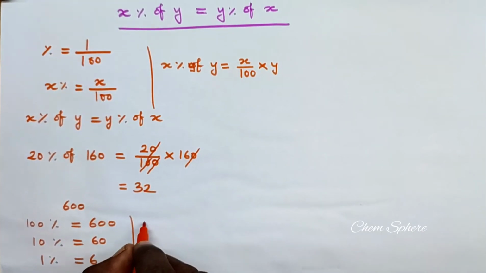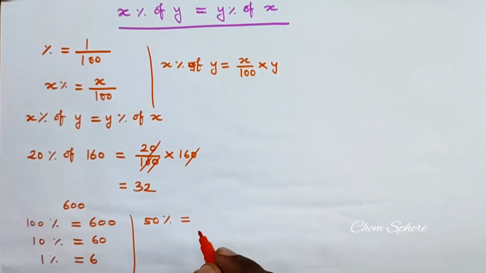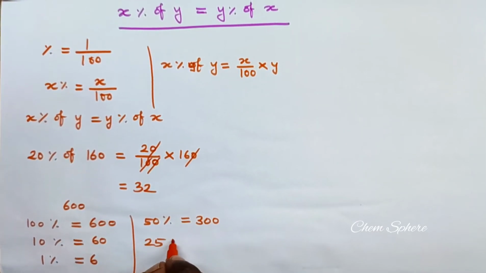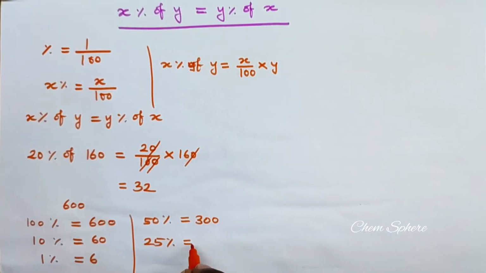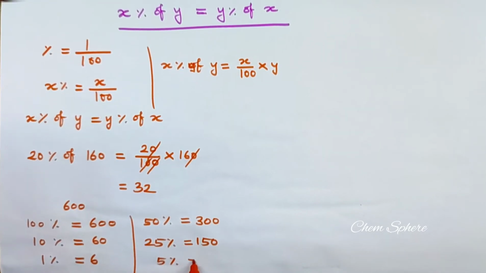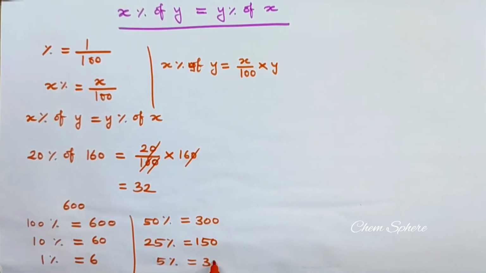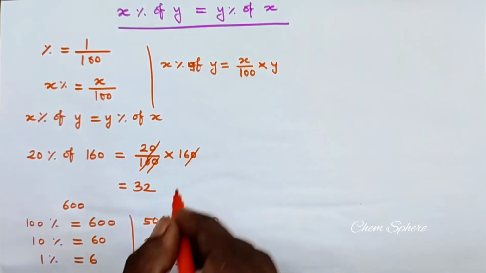What about 50 percentage of 600? That will be half of 100 percentage, that is 300. 25 percentage of 600 will be half of 50, that is 150. Now 5 percentage of 600 will be half of 10 percentage, that is 30. It is easy, right? I will give you further, more complex examples.